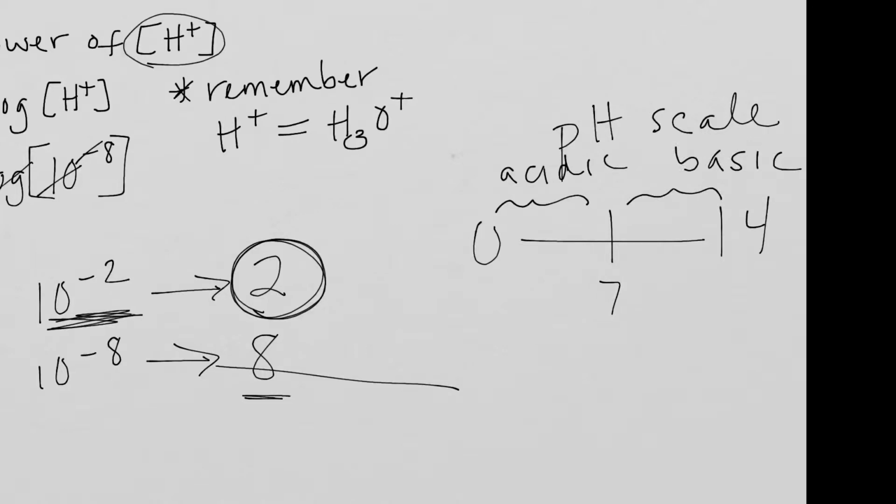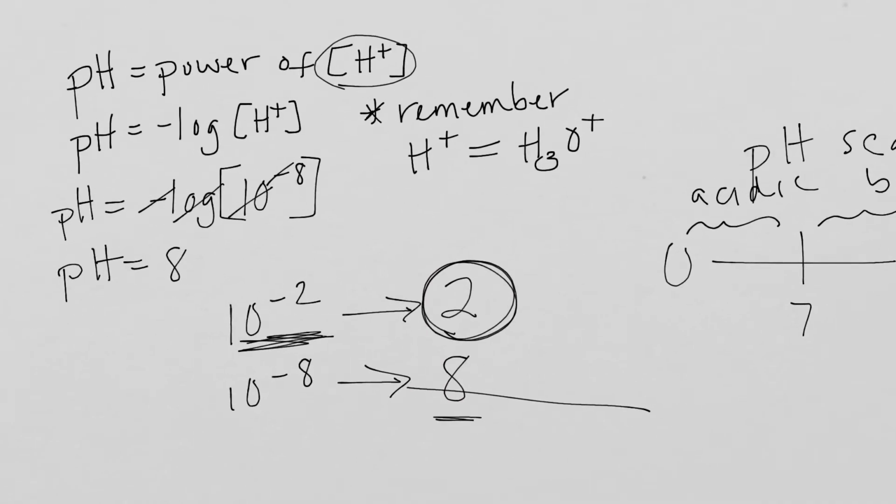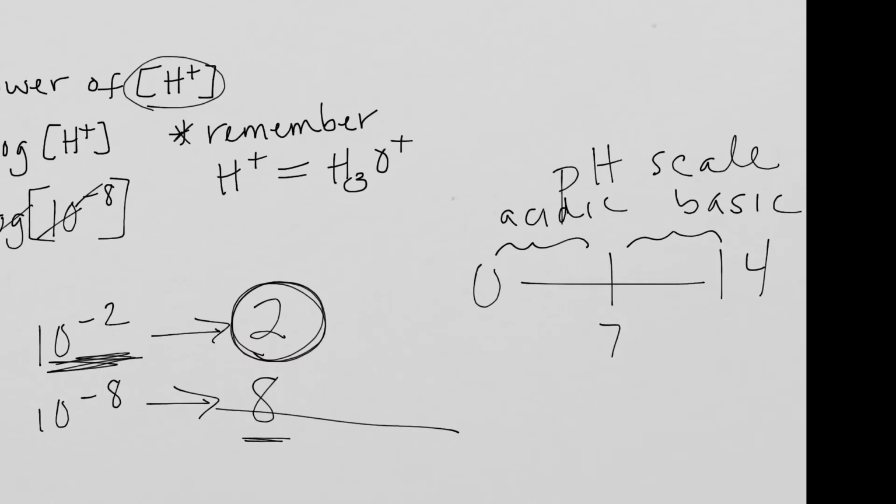Well, if you look back at these numbers, you can start to see that a little bit better, right? You can see that this is a higher concentration and it has a lower pH, and this is a lower concentration of hydrogen ions and has a higher pH. Okay, so that is helpful when you look at this pH scale where 7 is neutral, that's water.